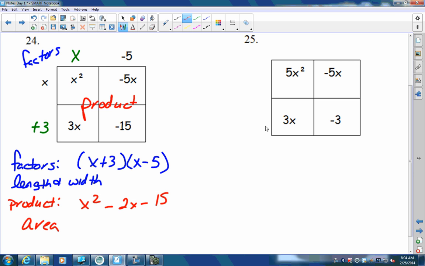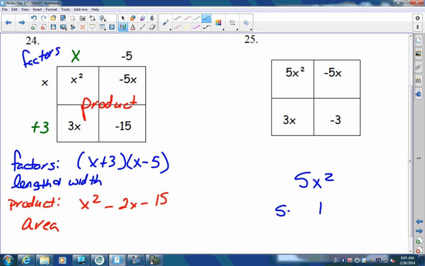Do this next one, 25. Let me talk you through it. If I look, I have 5x squared. How can 5x squared split up? What are the only factors of 5? 5 and 1, right?